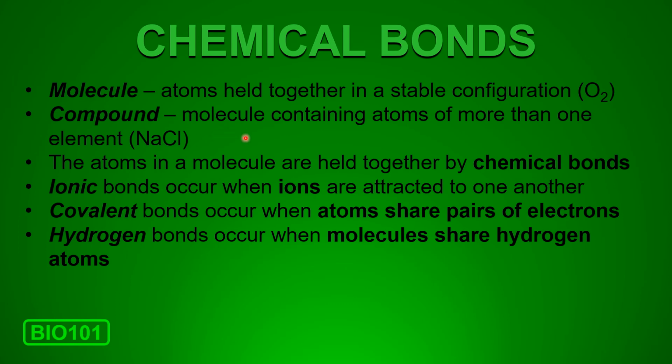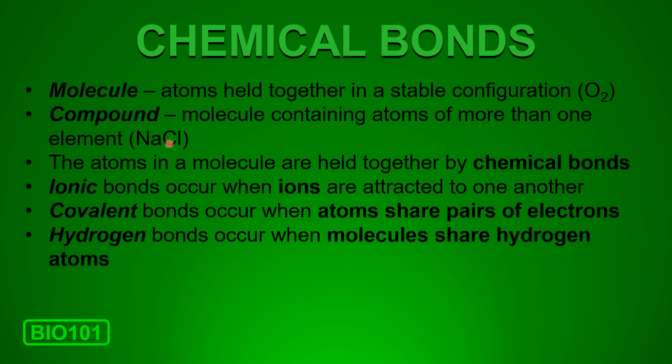It's a molecule containing atoms of more than one element. So here you have sodium joined together with chlorine. So the atoms in a molecule are held together by chemical bonds. And when we talk about chemical bonds, we have to talk about ionic bonds, covalent bonds, and hydrogen bonds. So ionic bonds occur when ions, that's the ionic part, are attracted to one another.